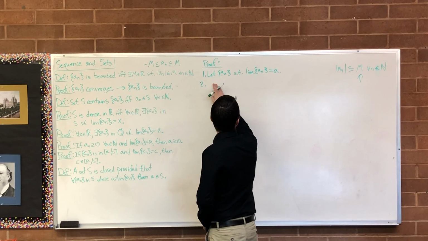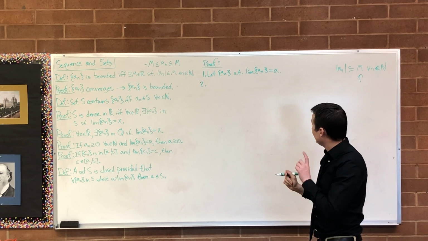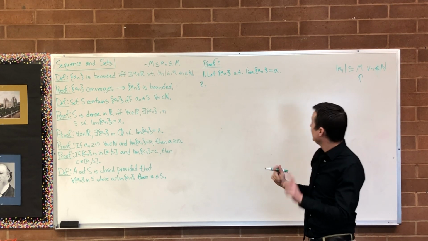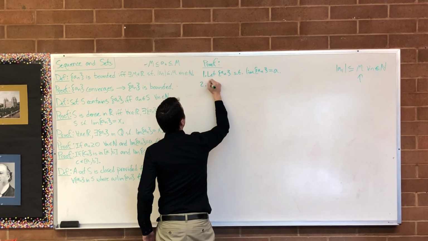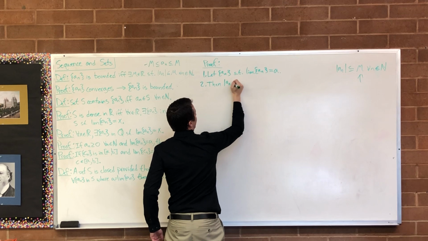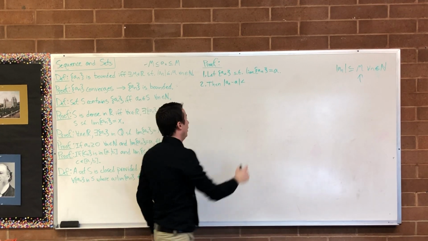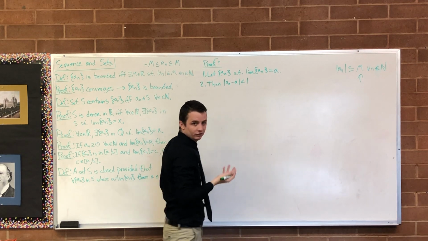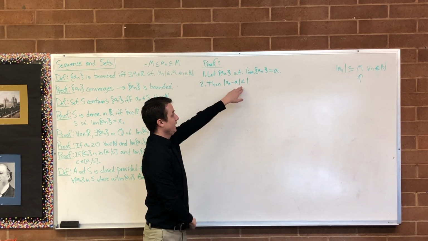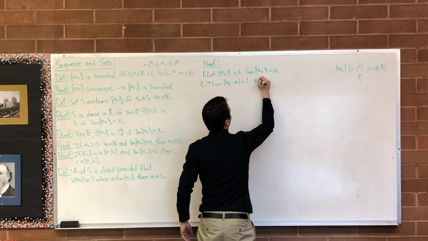Now, since I know that the sequence converges, then I know I can pick any epsilon I want, and for any epsilon I pick, let me write it out, then I know that |a_n minus a| is less than, pick any epsilon I want, I'll just pick 1 to keep our numbers simple. |a_n minus a| is less than 1 from some index onwards.